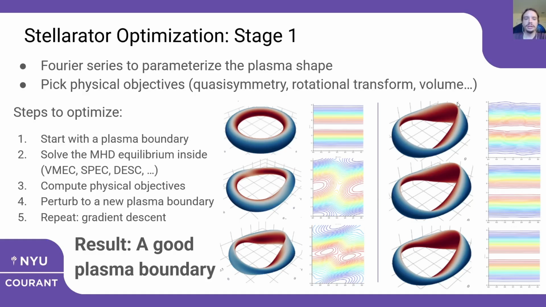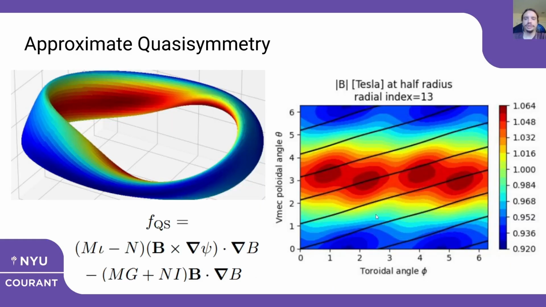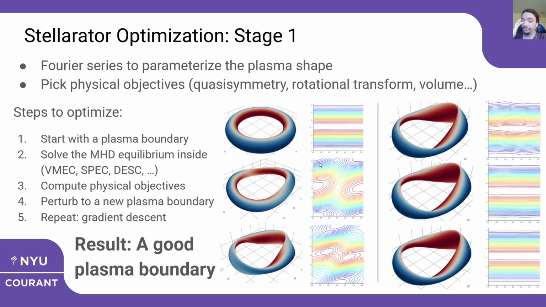We nudge it again, and again, and again, and again, and as we nudge it, that Boozer plot is going back to being very nice and straight. So you can see that this guy looks a lot like this guy. They're both this kind of Mobius strip shape. But we've managed to get almost perfect quasi-symmetry in our final result, using a computational optimization algorithm.